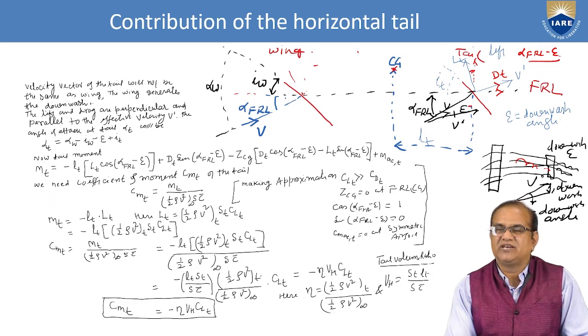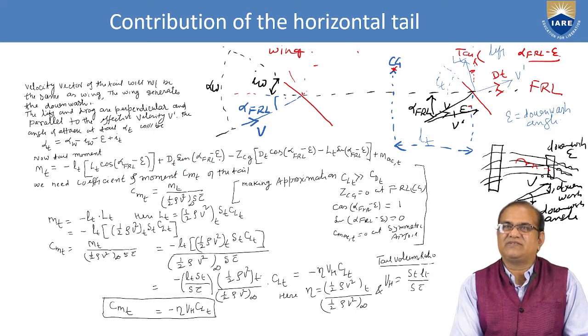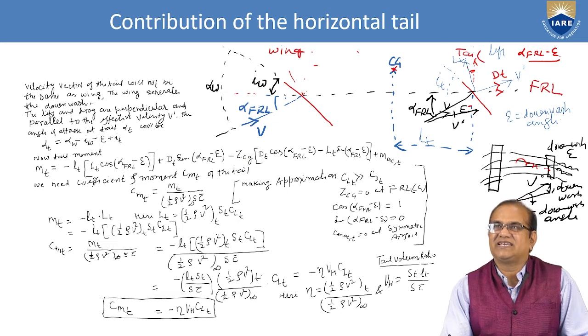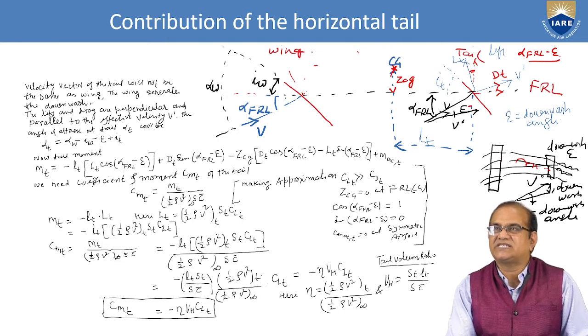So it is a plus. So plus Dt means drag due to tail, sine (alpha FRL minus epsilon) minus ZC. Here is the ZC, from here to here. So minus ZCG Dt cos(alpha FRL minus epsilon) means this into this.